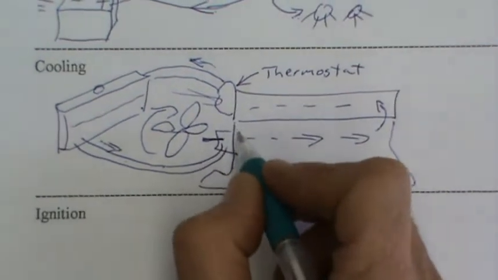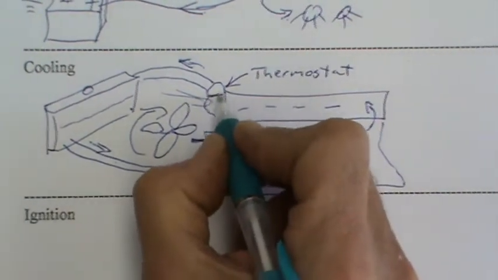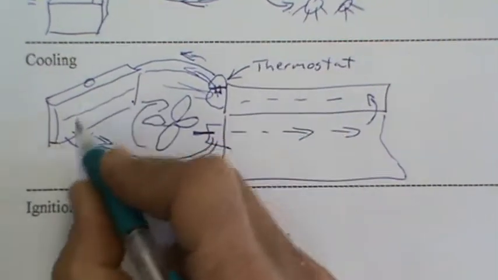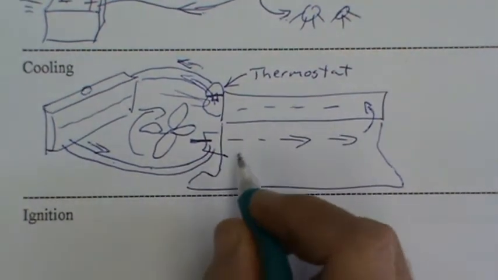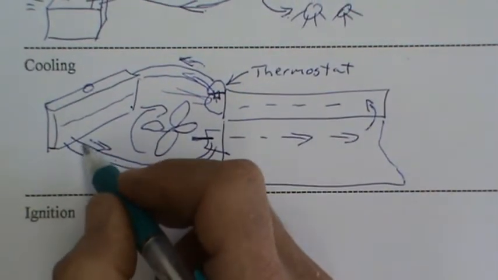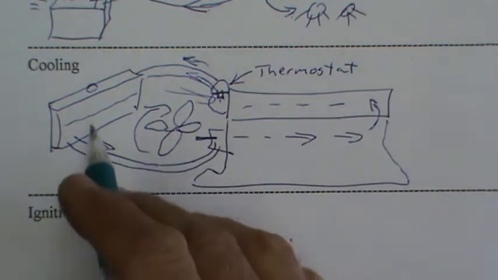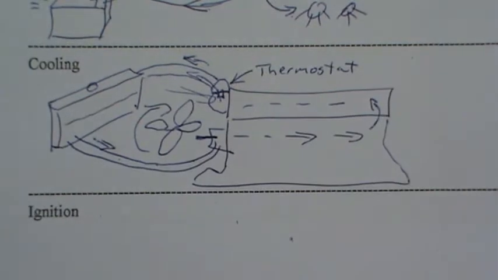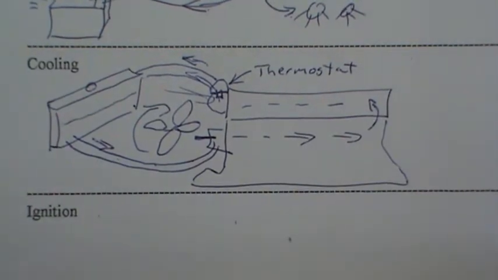As soon as it gets up to operating temperature, the thermostat here opens up and lets the water into the radiator to cool. If it's a cool day and the motor's not getting hot enough, then the thermostat will shut it off. So that's our cooling system.